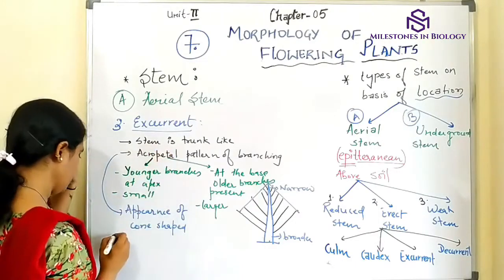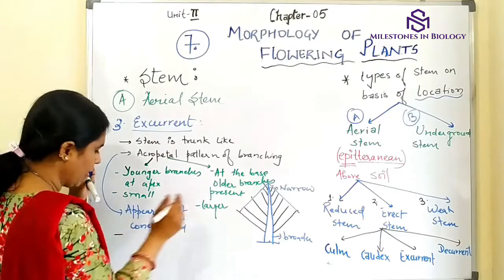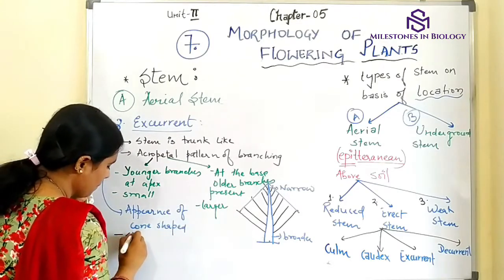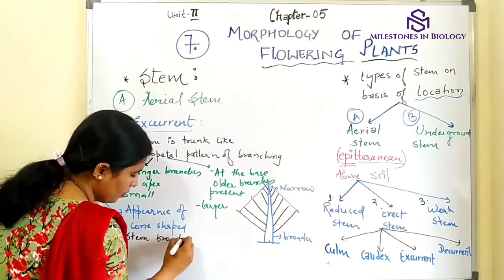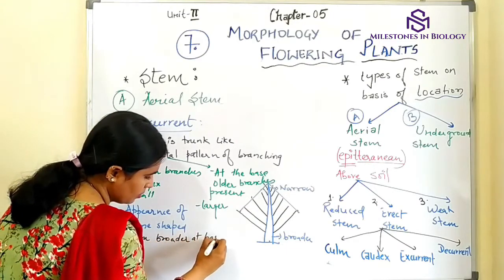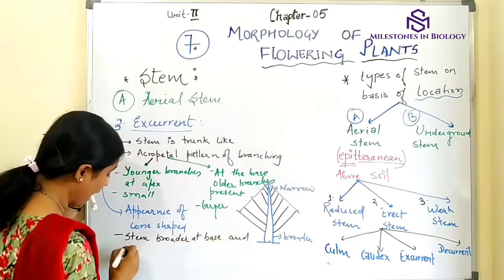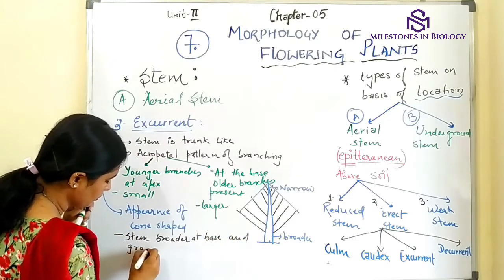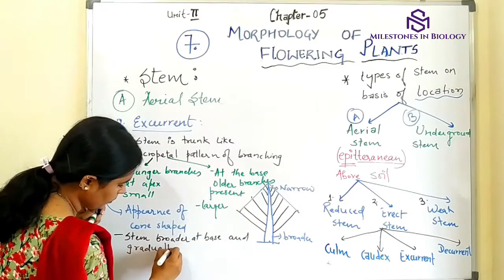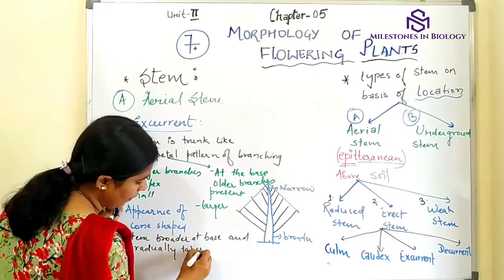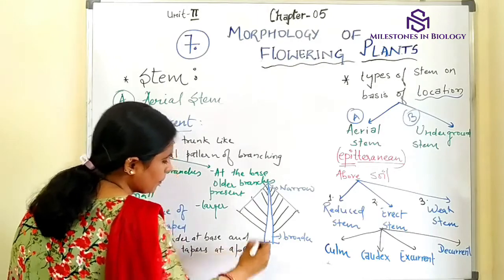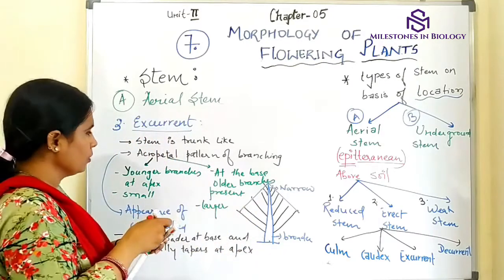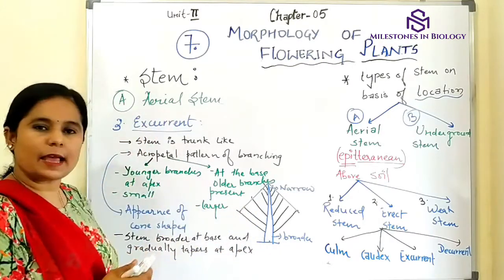Next, if we are talking about the stem, I have told you the stem will be broader at the base and gradually tapers at the apex. Okay, so this is how the excurrent stem looks.